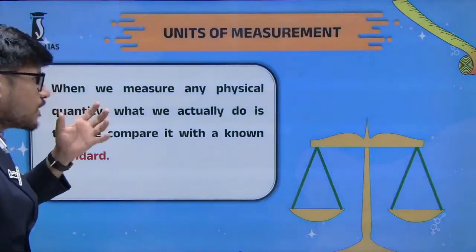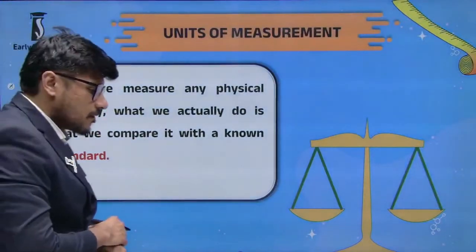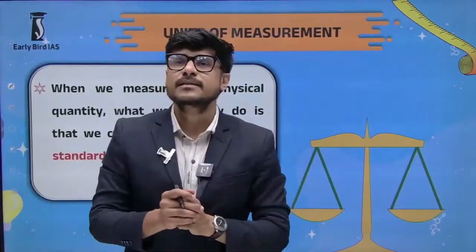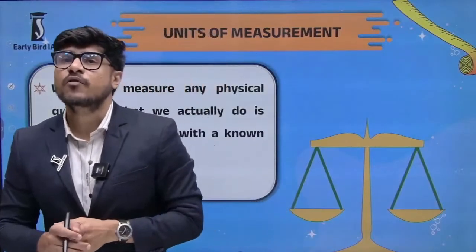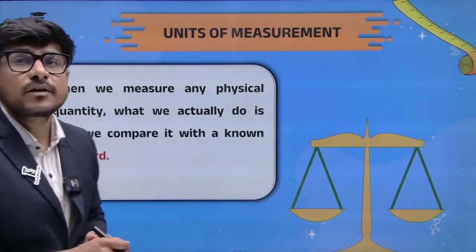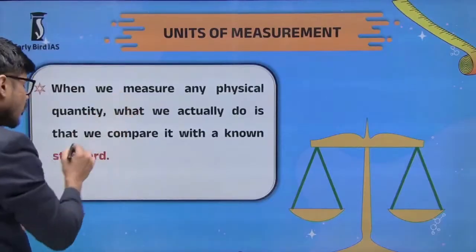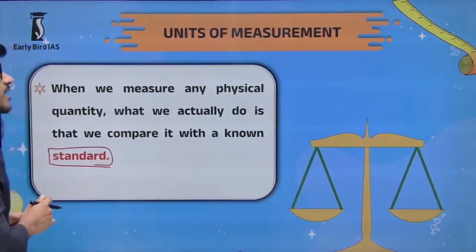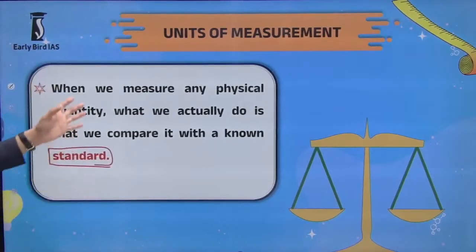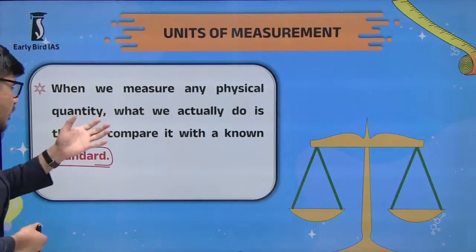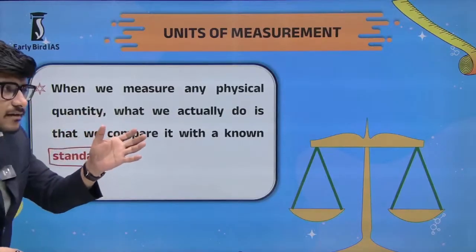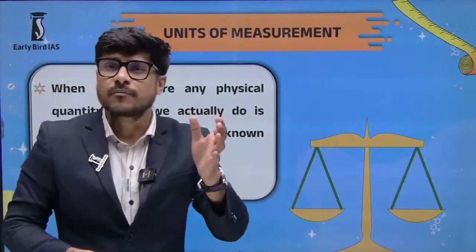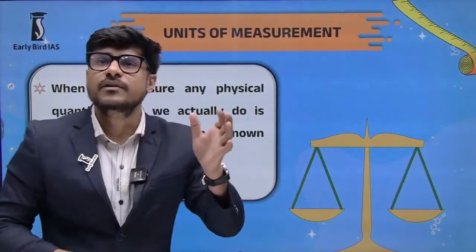Now the important point. We measure these quantities on the basis of what? On the basis of units, on the basis of standards. Whenever we measure any physical quantity, what do we actually do? We compare that quantity with a known quantity.